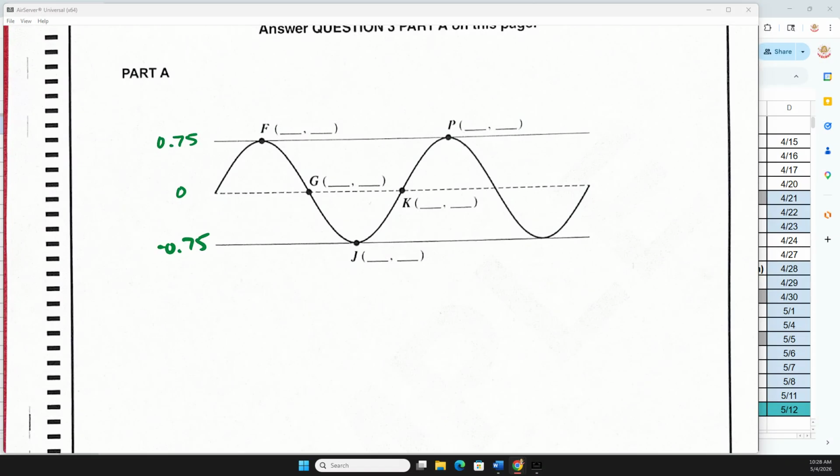Now, if it was me, I would just go ahead and fill in my ordered pair, the second coordinate. So this question is a 2-point question. You get 1 point for getting that part, and then 1 point for getting the t coordinate right.